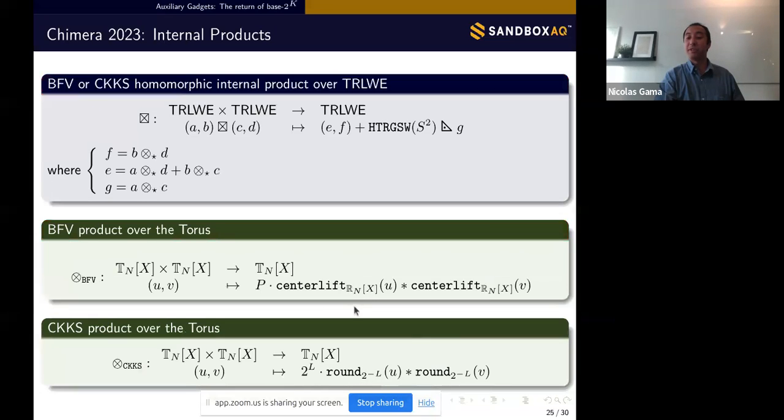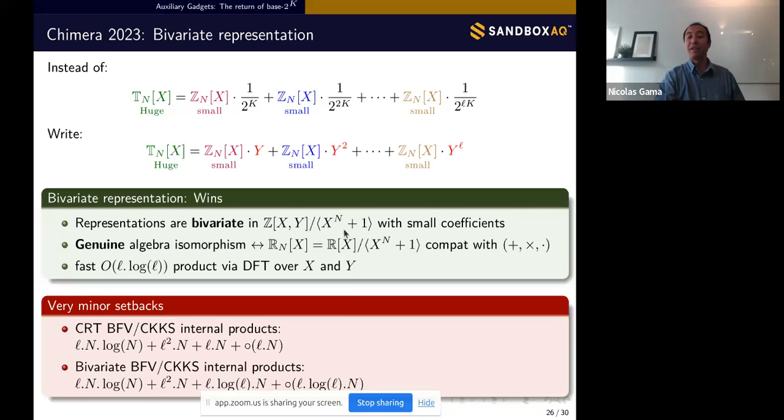I can take any representative on the real field, and now, because of this morphism, I have a way of doing this multiplication. But now, since I'm in a bivariate polynomial, I am free to do the multiplication exactly as I wish. So I already know that it's a good idea to do an FFT over X. I can also do an FFT over Y and get an n log L multiplication instead of L squared.